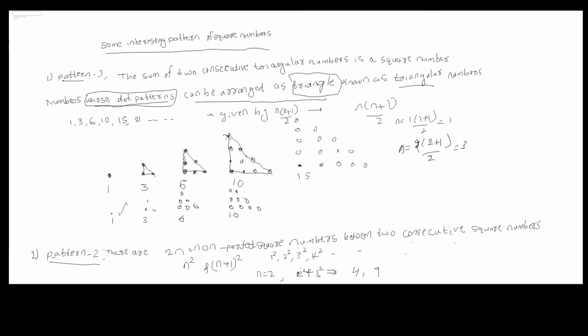See, the dots are decreasing by a dot. 4 is there, 3 is there, 2 is there, 1 is there. 5 is there, 4, 3, 2, 1. Like this the dot patterns are decreasing.